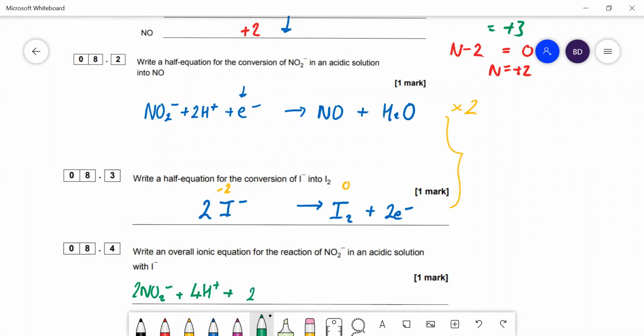And then we've got 2 I minus going to 2NO plus 2H2O and I2. So that's our balanced equation.